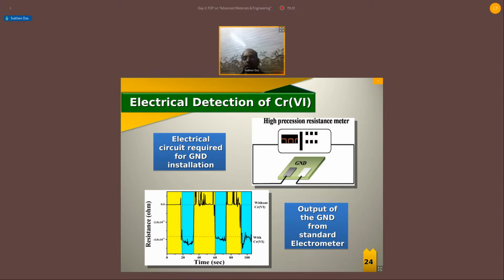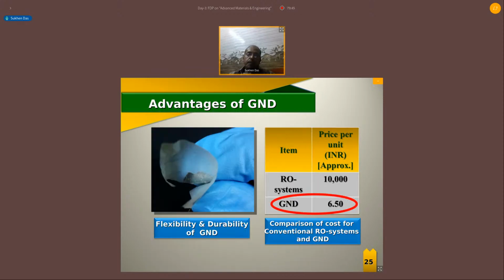We can use the resistance property of this cell, and from there we can easily find out the presence of the chromium and the percentage of the chromium also. And this is very low cost, and this is flexible because the polymer is flexible, so there is no question of breaking or any other damage.